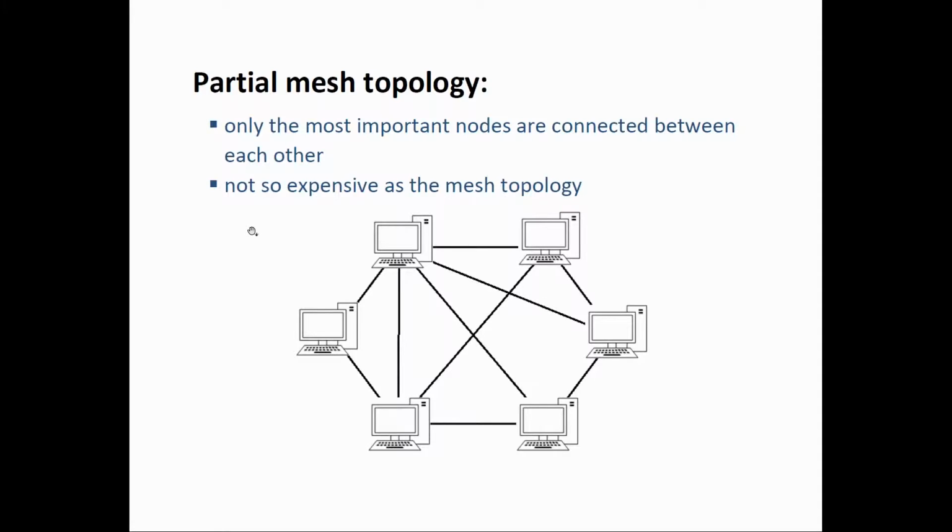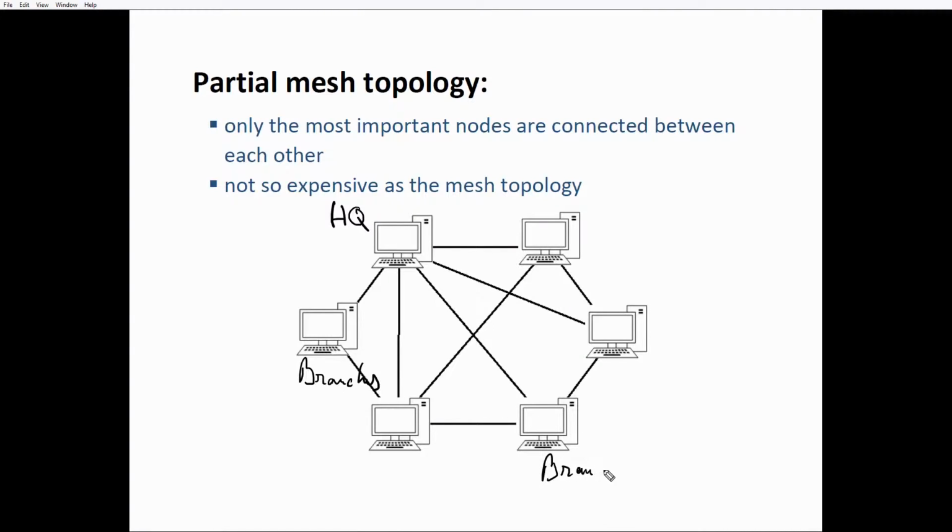And usually in a partial mesh topology, for example, let's say that you'll have your headquarters over here, and these are all branches. As you can see, you will have only your headquarters as the main point for everyone.